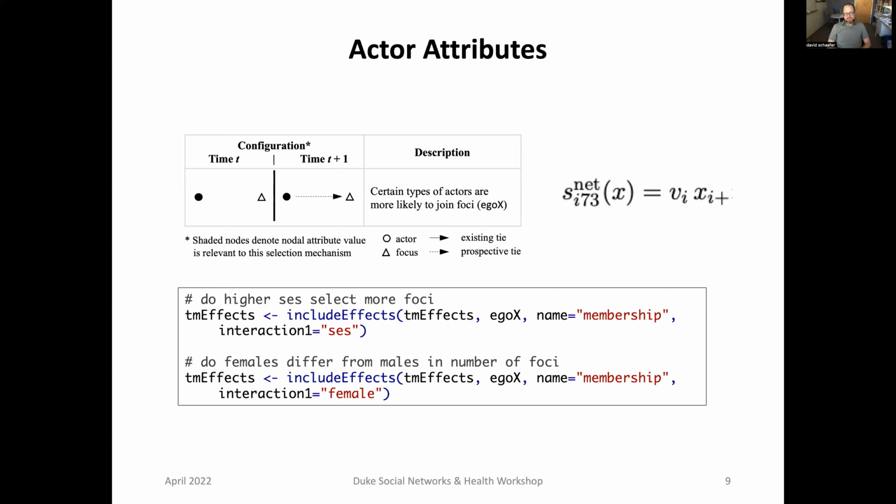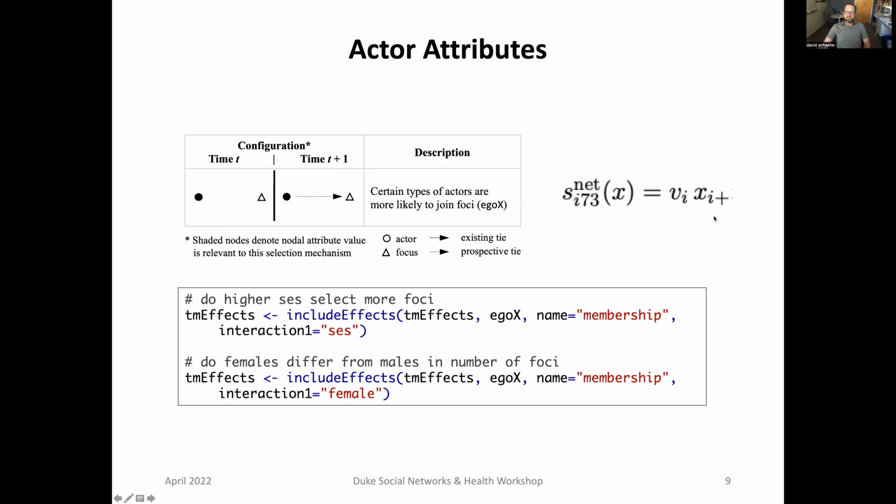This gets at sociability, whether some types of actors are more sociable or more likely to be a joiner. This is the formula used to calculate the effect in the Siena manual. If you're going to be modeling with Siena, you need to get fluent in how to interpret these, and spend a lot of time understanding how to specify particular effects, particular mechanisms that you're interested in.